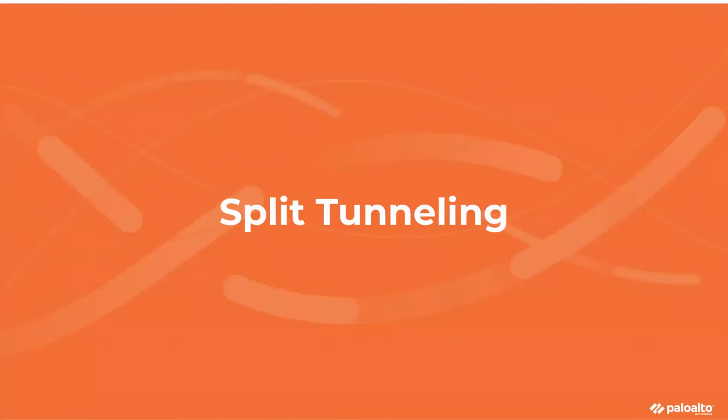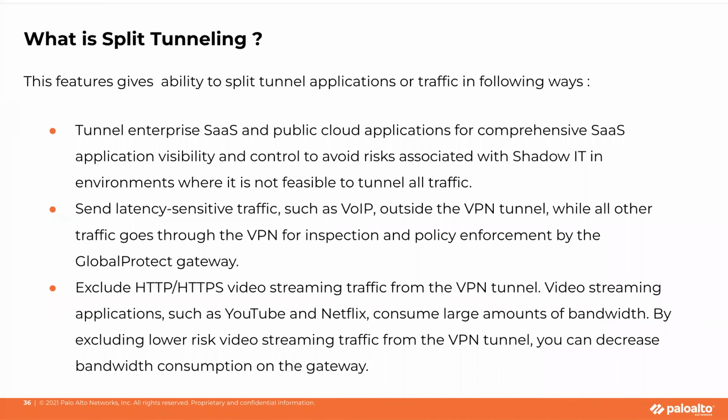Next, we're talking about split tunneling. This feature gives you the ability to split and tunnel the applications or the traffic. You can tunnel enterprise SaaS and public cloud applications for comprehensive SaaS visibility and control to avoid risk associated with shadow IT environment.